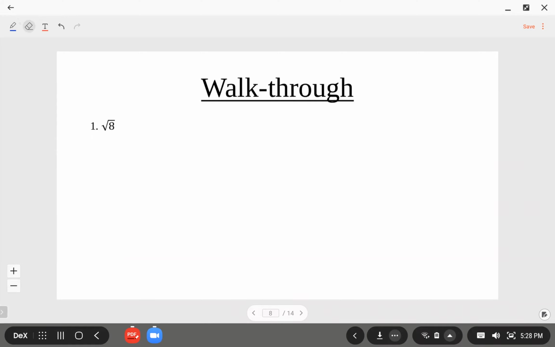So what is 8? Please type in the chat, what are two factors of 8?